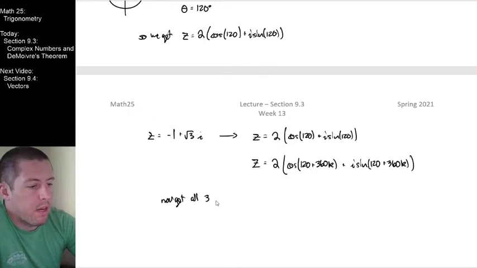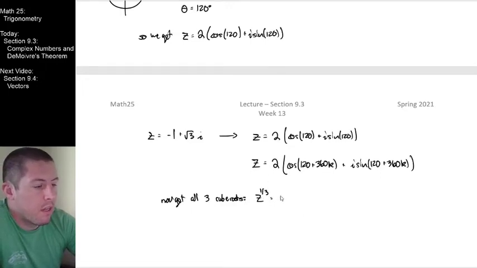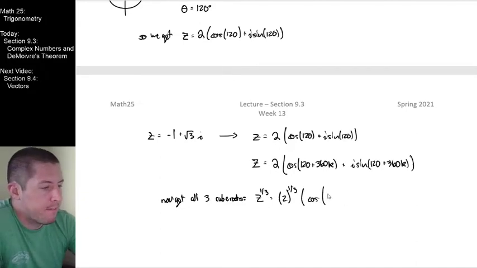Now I'll get all 3 cube roots. So z to the 1/3 is going to be 2 to the 1/3 times cosine of, and I'm just dividing this whole thing by 3, 120 plus 360k over 3 plus i sine of 120 plus 360k over 3.